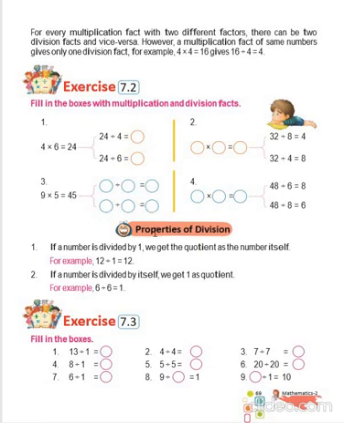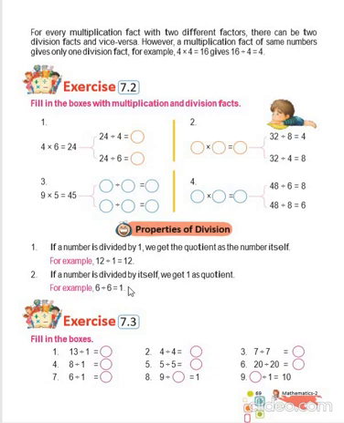Now come to properties of division. First property, if we divide any number by 1, we get the quotient as the number itself. Second one, if we divide any number by itself, we get 1 as quotient. Example, 6 divided by 6 will give 1.